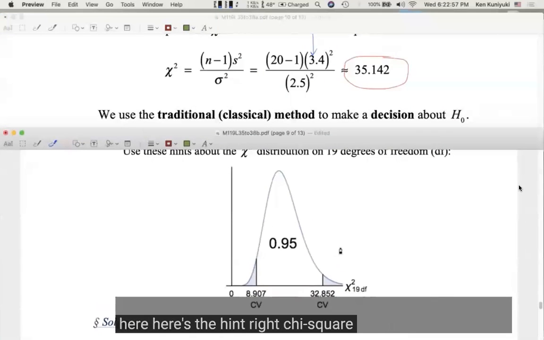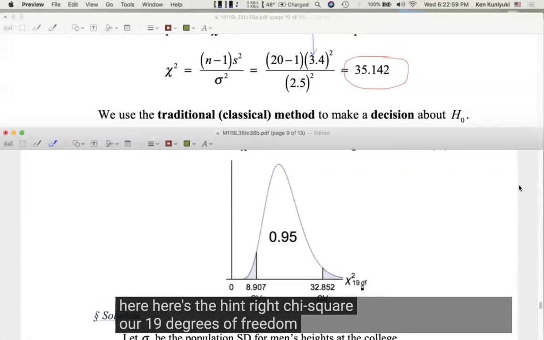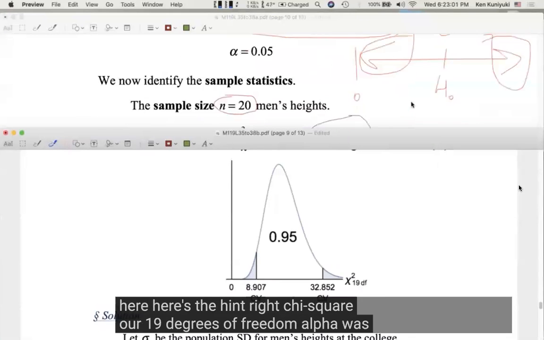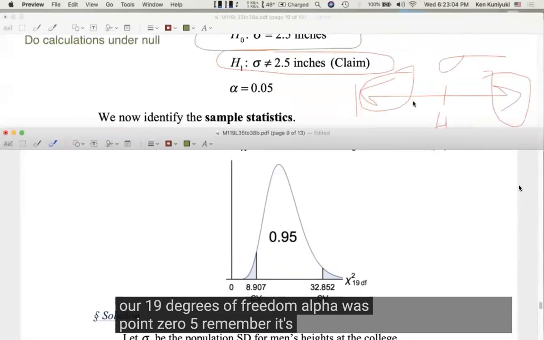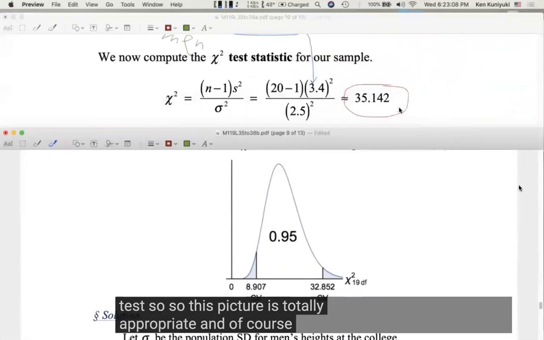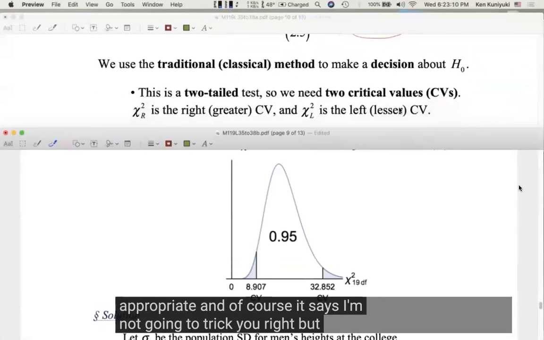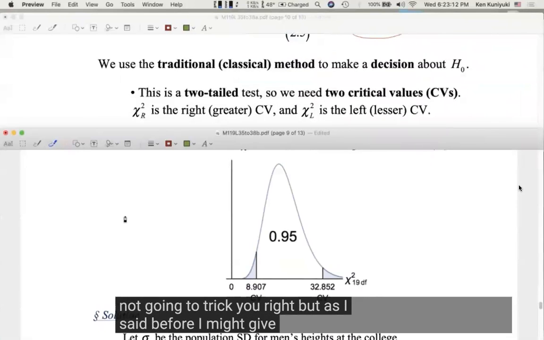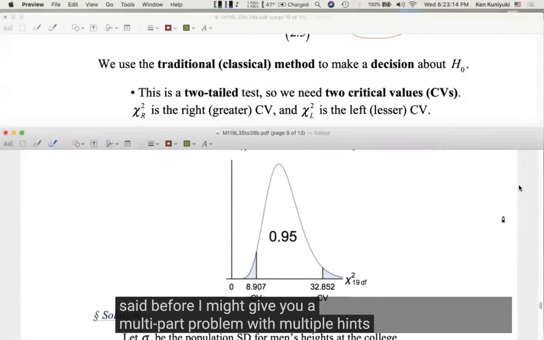Here's the hint: chi-square on 19 degrees of freedom. Alpha was 0.05, remember, and it's a two-tailed test, so this picture is totally appropriate. I'm not going to trick you, but as I said before, I might give you a multi-part problem with multiple hints.